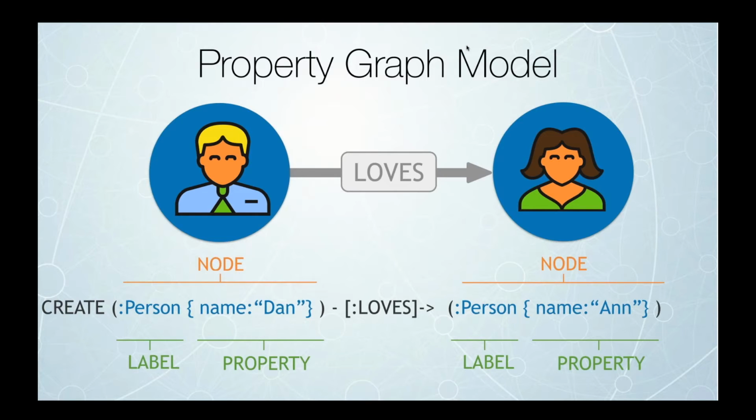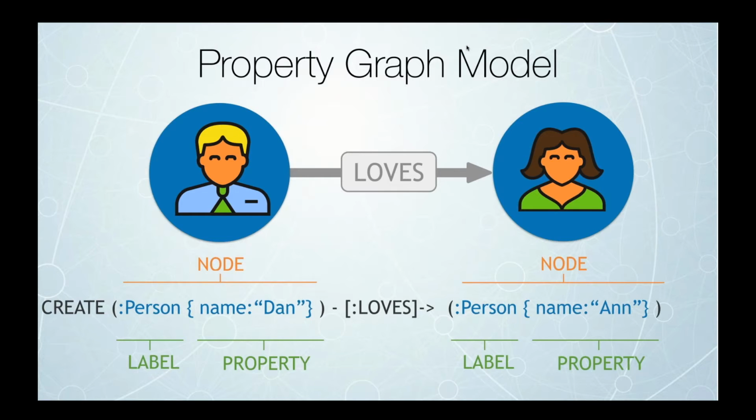Here we're going to use the label Person, and then we can add properties, so key-value pairs, onto the node. In this case, we're going to add a name property to each person node, one for Dan and one for Anne.